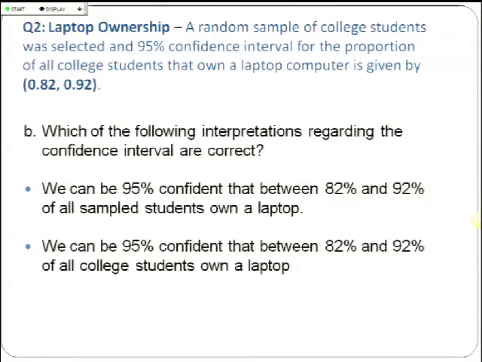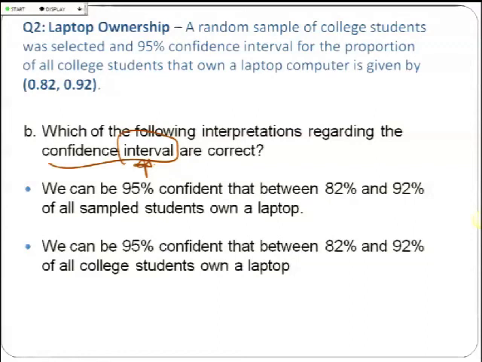Which of these two statements is the correct statement for interpreting the confidence interval? We can be 95% confident that between 82 and 92% of all sampled students own a laptop. Between 82 and 92% of all college students own a laptop.